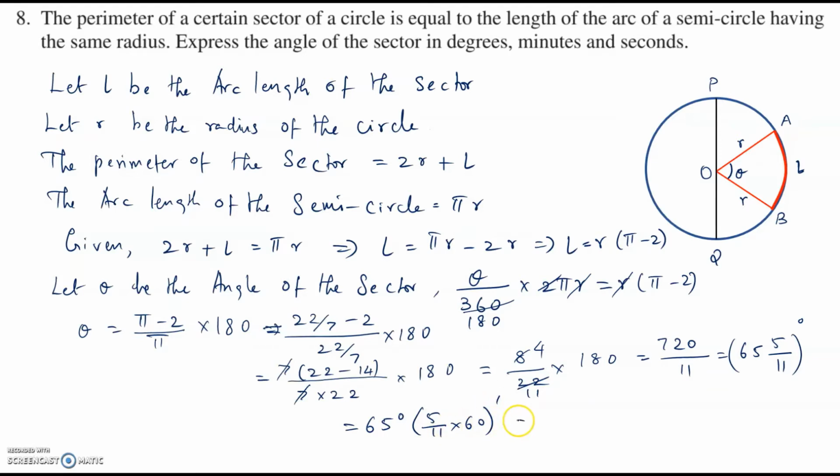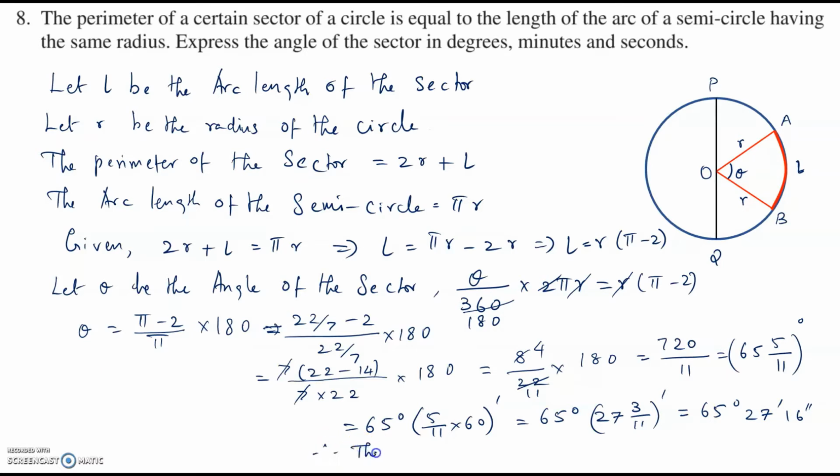Further simplifying this, you get 65 degrees, and you will end up with 27 and 3 by 11, that's in minutes. So further simplifying this, you have to multiply the 3 by 11 into 60. So you get 65 degrees, 27 minutes, and 16 seconds.